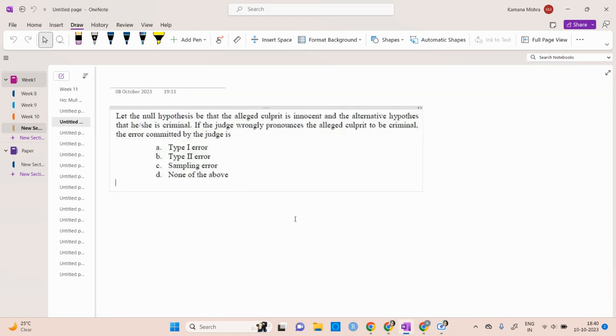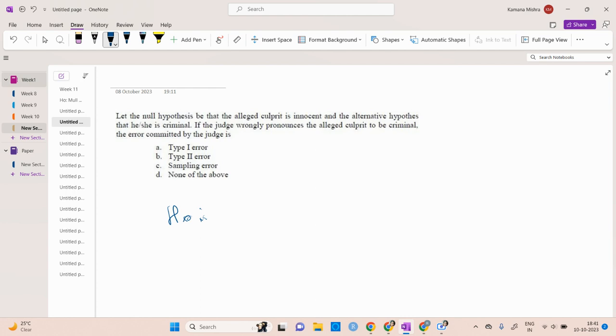So next question is: let the null hypothesis be that the alleged culprit is innocent. Okay. Firstly, you need to write what the null hypothesis is, and then you can represent H naught, H1, K1 in any way.